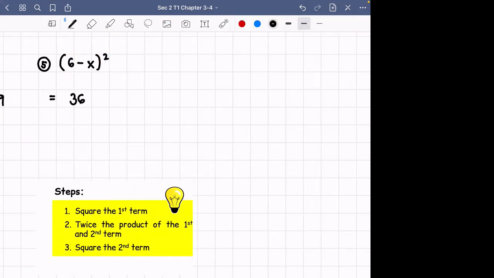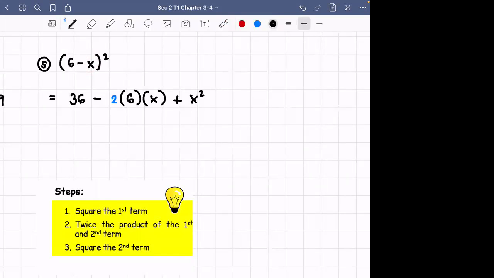And then since this is minus, the first sign is minus. The second step is twice the product of the first term, 6, and my x. And then plus, what's the square of the second term? What is x times x? It's x squared.